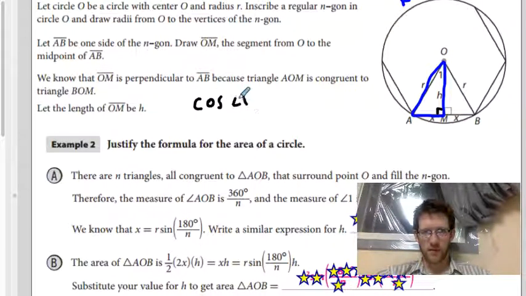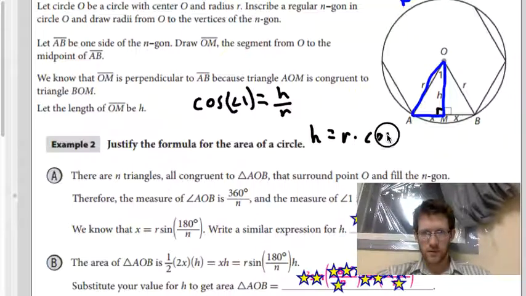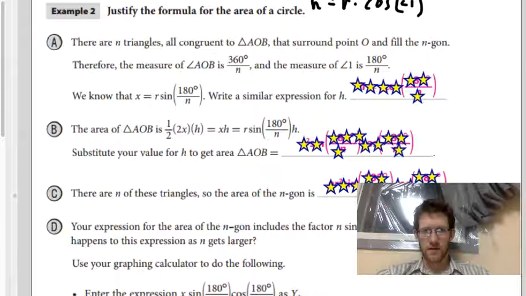Cosine of angle 1 is equal to h over r, or I could say h equals r times the cosine of angle 1. Remember, angle 1 is also 180 divided by n. We came up with that. So h equals r times the cosine of 180 divided by n.